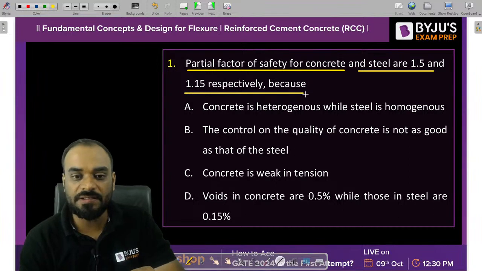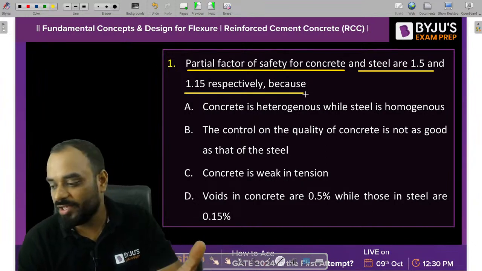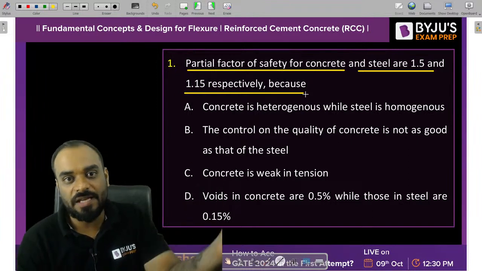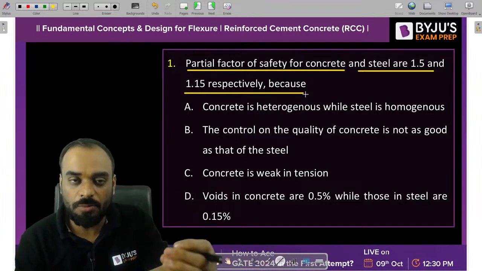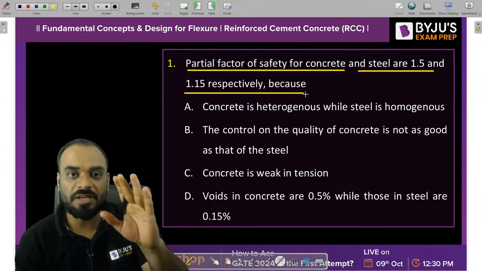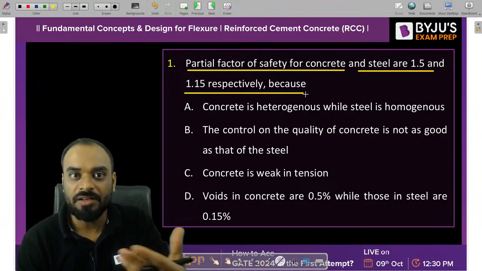Sanjeet, B. Very nice. The control on the quality of concrete is not as good as that of steel. Why? Because concrete is to be manufactured at the site, whereas steel bars are manufactured in the industry, where we can control the quality very easily by technology.